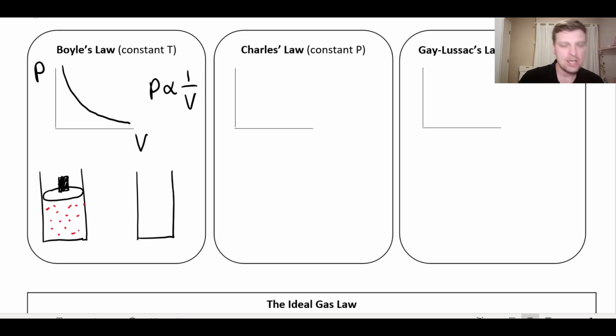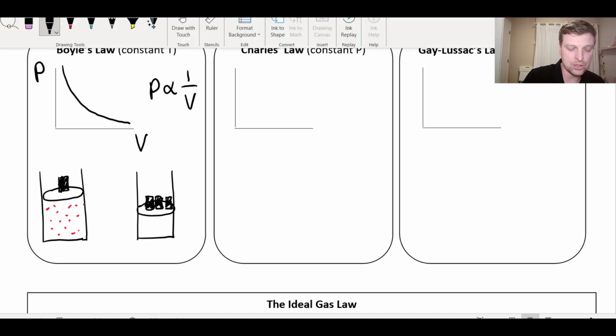Well, you could imagine increasing the pressure would mean loading more and more mass on top of the piston. If I load more and more mass on top of the piston, well, then that means that the piston is going to compress. And that's because I've held the temperature constant.